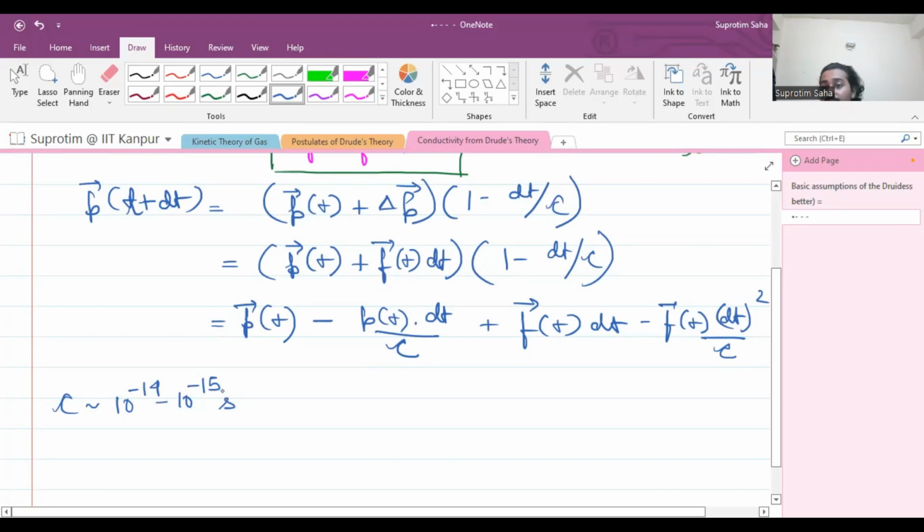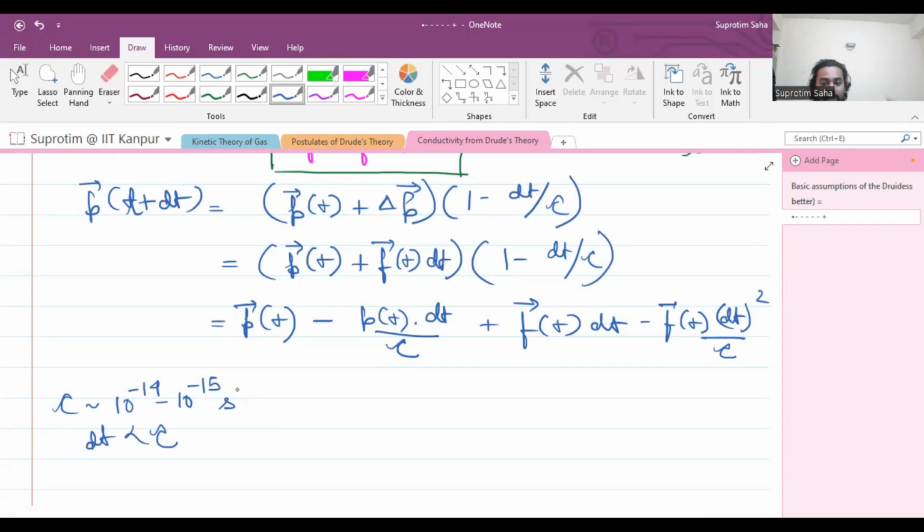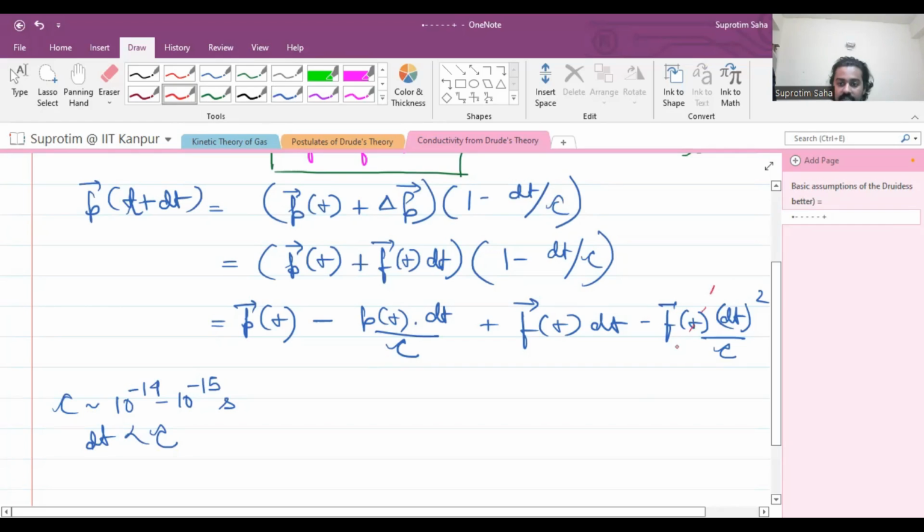And you're concerned with the time scale that is lesser than tau, so dt is less than tau. You can imagine dt is even lesser than tau, so squaring it, it becomes much smaller. So you can safely drop the last term, which carries a contribution of dt squared, and keep only the linear terms in dt.